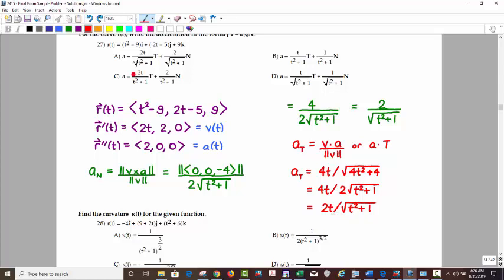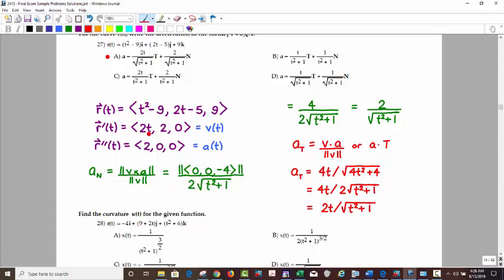And that's the only one that has that answer, so I'm going to go ahead and identify this answer right now, but I'm going to show you the other one also. So v cross a, magnitude, over magnitude of v. We already have the magnitude of v from over here, 2 square root of t squared plus 1.